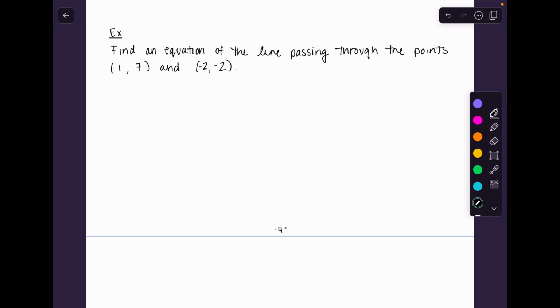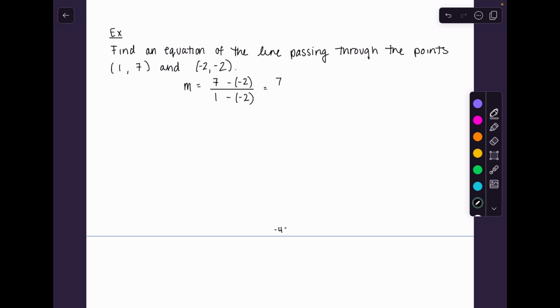So going through m, we can go ahead and preset this up. We'll put our first point in the first slot. So our y value is 7. The x value corresponding to that is 1. And then luckily for this next one, both the x and y values are -2.